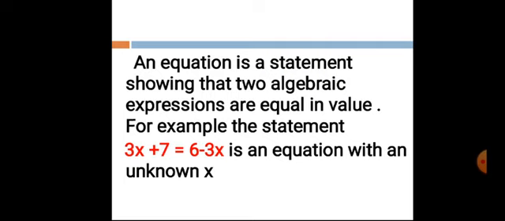The equation sign is what makes it an equation, and that's the difference between an equation and expression. So looking at what we have here, 3x plus 7 equals 6 minus 3x is an equation because of the equation sign, and it is an equation with an unknown x. That is, x is the unknown here.